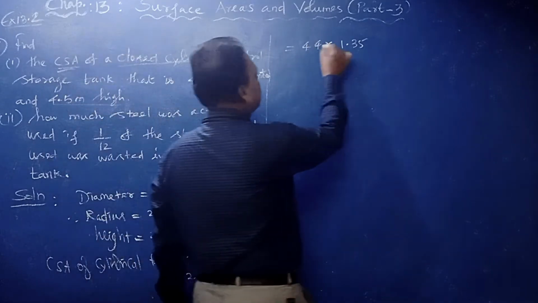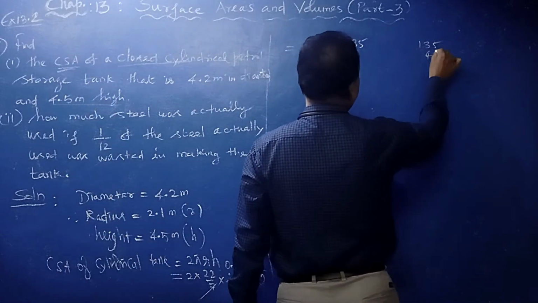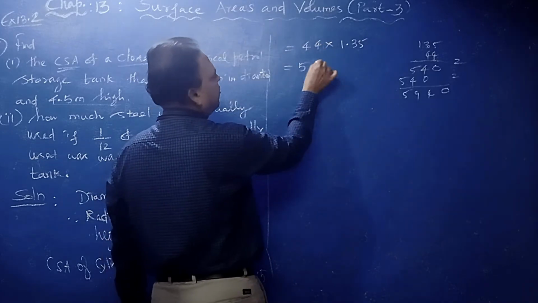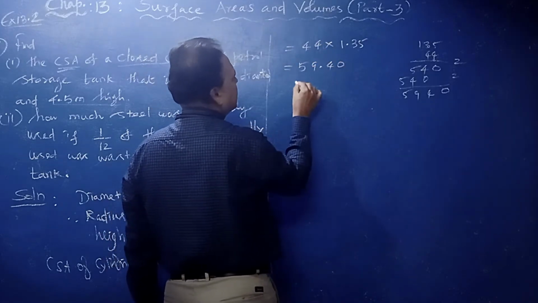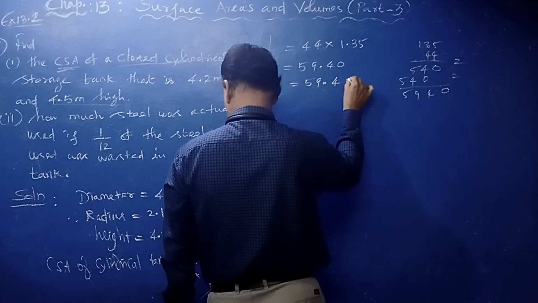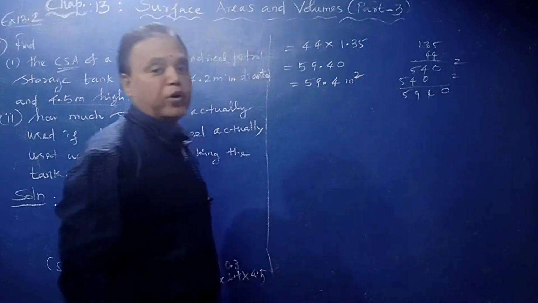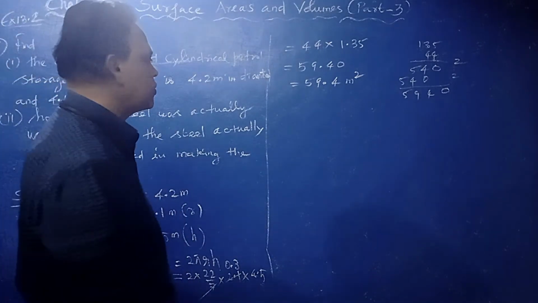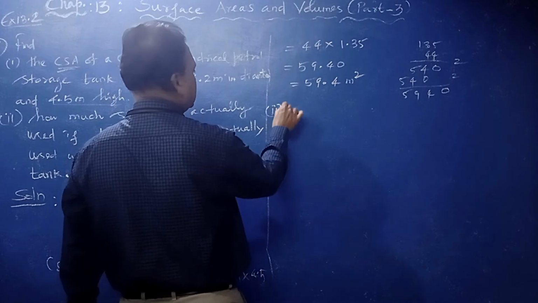Now you can easily multiply with 44, ignoring the decimal first. So 59.40, which can be written as 59.4 meter square. This one is the curved surface area. Now the second part. The second part is very important.